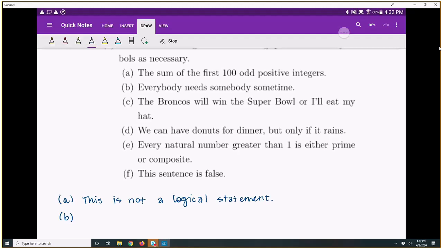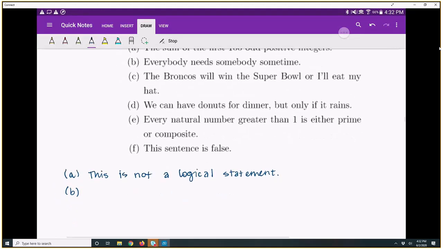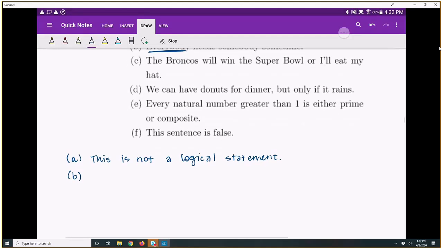The next statement is everybody needs somebody sometime. So I noticed that this word everybody signals a universal quantifier.